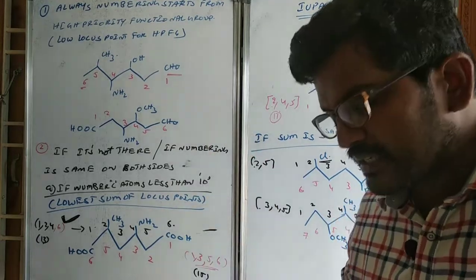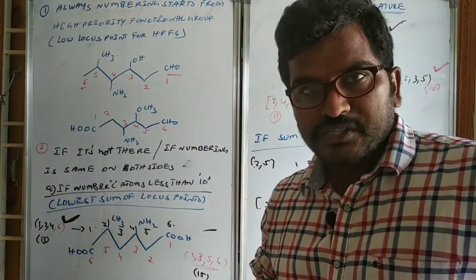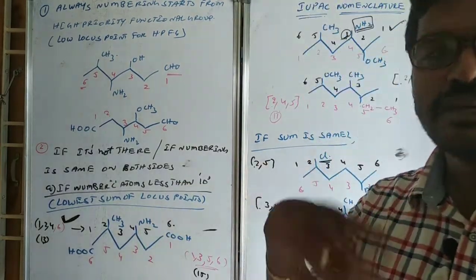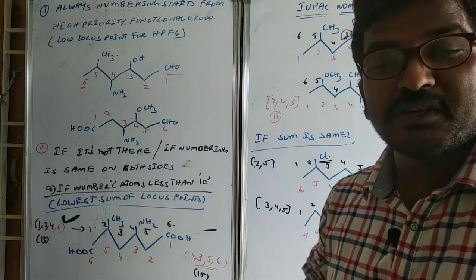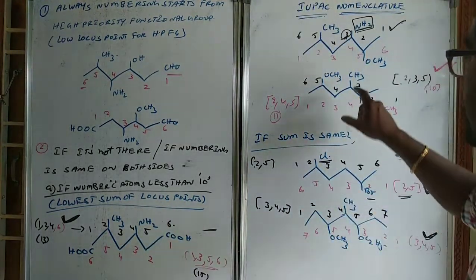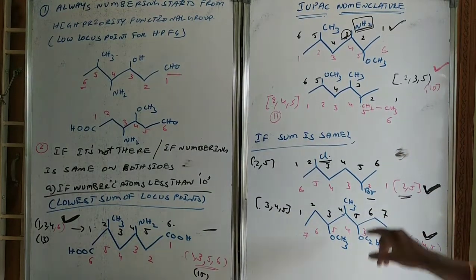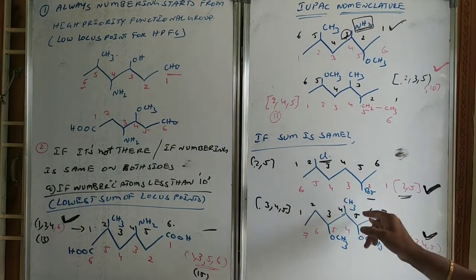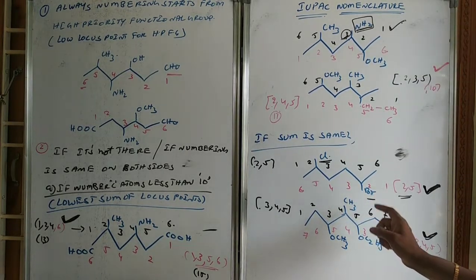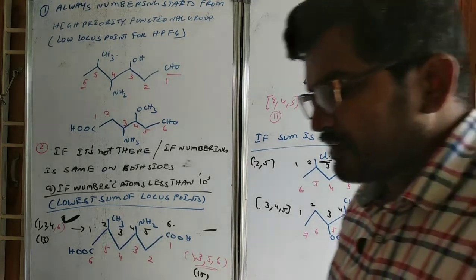Initially we used to follow the lowest sum of locus points even for more than 10, but that was very time consuming, so they went to the lowest set of locus points. If the sum is the same, we go for alphabetical order. The substituent which comes first alphabetically will be given first priority. So 2, 5 is given, and for this one 3, 4, 5 is given.